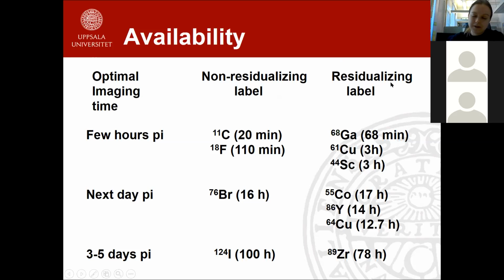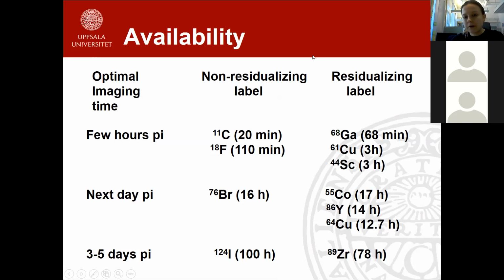So if you look at the non-residualizing labels, you will see that it's carbon, fluorine, bromine, iodine. So fluorine, bromine, and iodine are halogens, and it basically means that you can say that halogens are non-residualizing labels. And if you look at residualizing labels, it's gallium, copper, cobalt, zirconium, basically radiometals.